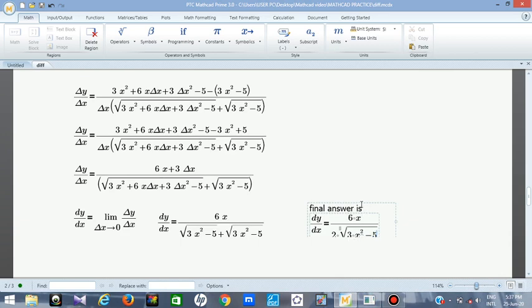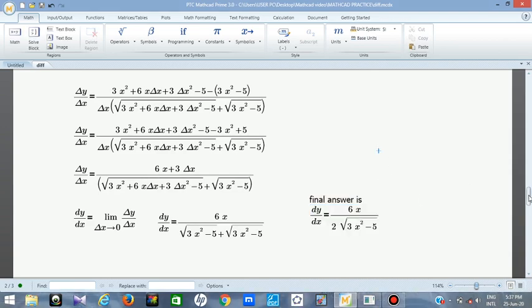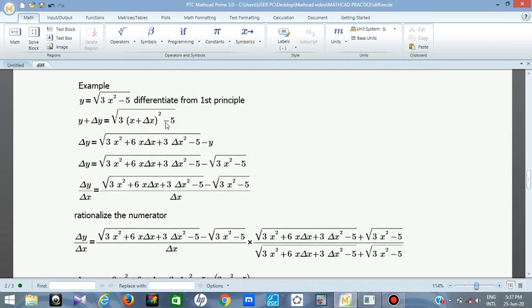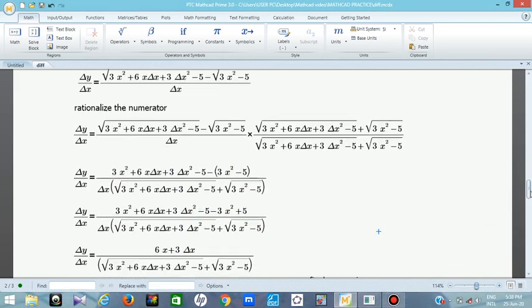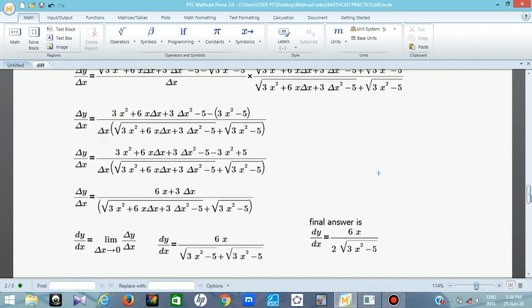So this is our final answer. So that is the answer of this question now. The differentiation of square root 3x squared minus 5 from first principle, this is the answer if you follow all the steps the same way I did it. So take note of this, and that is all.